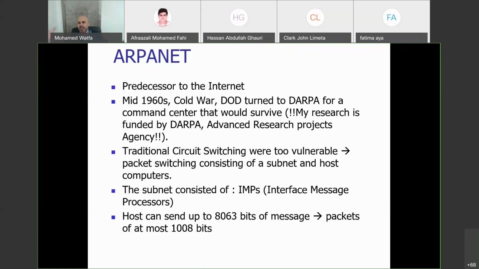They started using circuit switching and something called IMPs, which is interface message processors. These IMPs are connecting these computers together. And again, the packets were kind of small, 8,000 bits of message. They had some rules to do, and they used to connect using 56 kilobits per second.